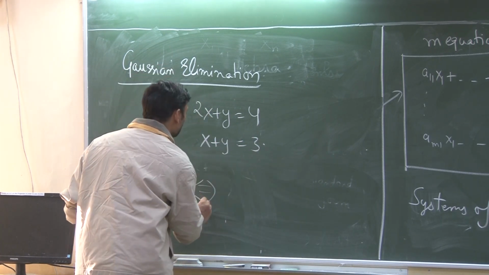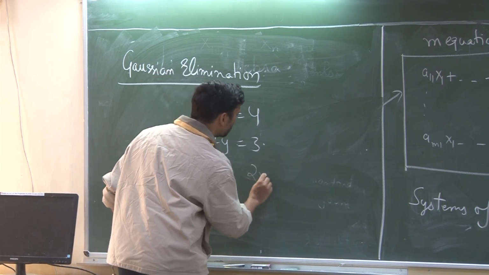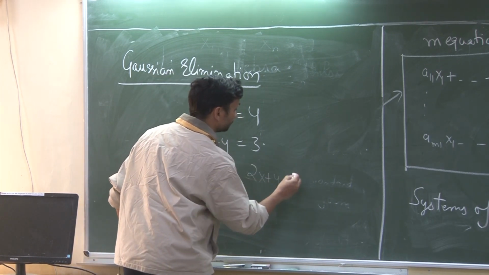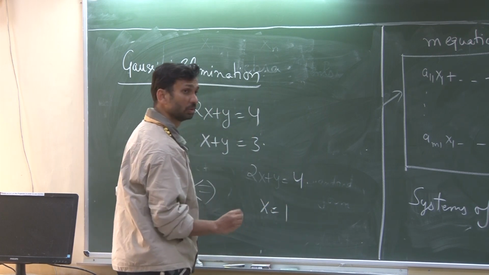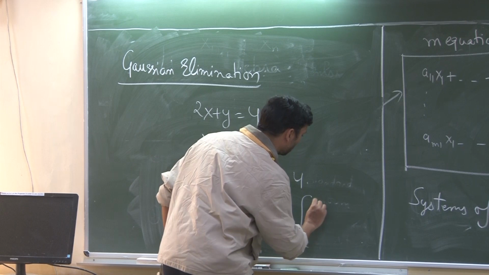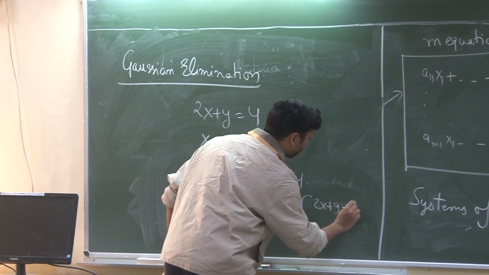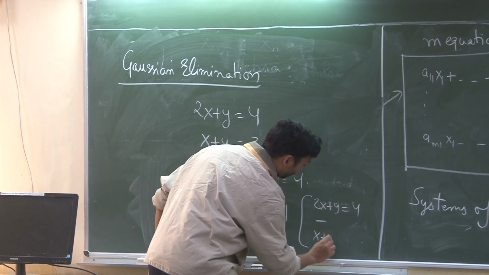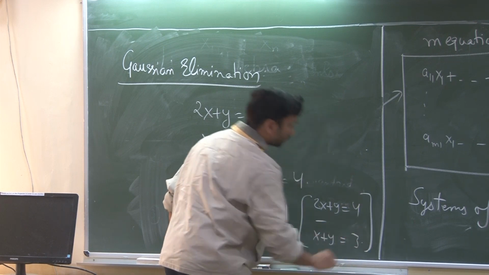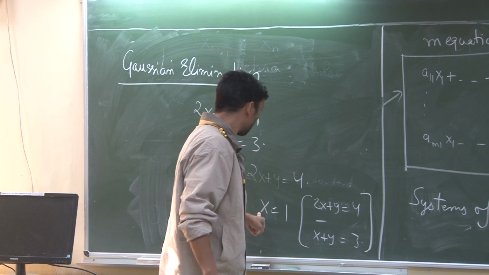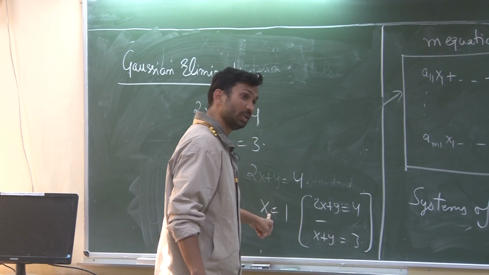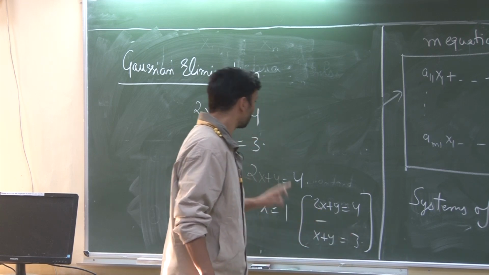So this bunch of equations is actually equivalent to this. Notice this is obtained by doing this: 2x minus x is x, y minus y is 0, 4 minus 3 is 1.